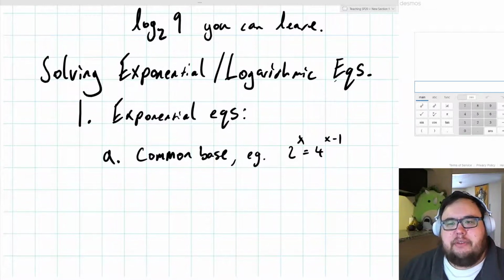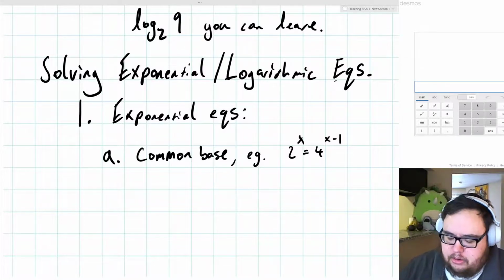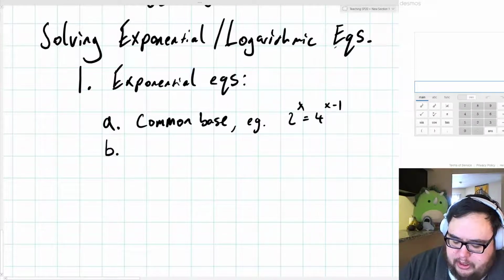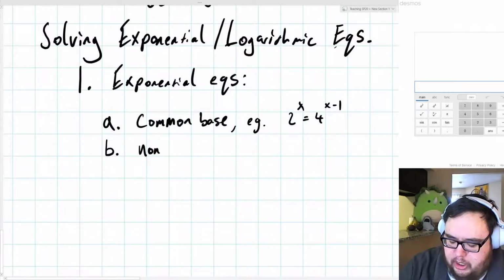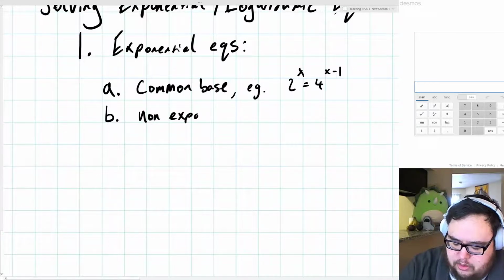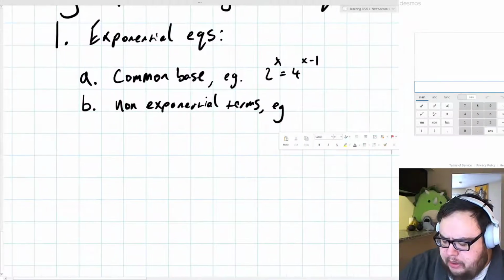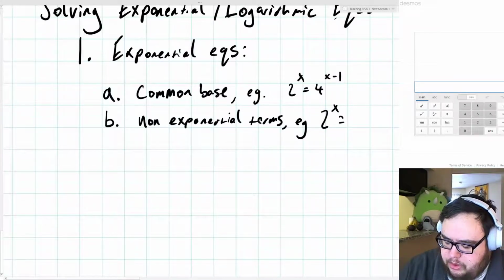Once they have the same base, if you have 2 to the power of something equals 2 to the power of something, those two powers have to be the exact same thing, right? We also had non-exponential terms, so for example, something like 2 to the power of x is equal to 312.